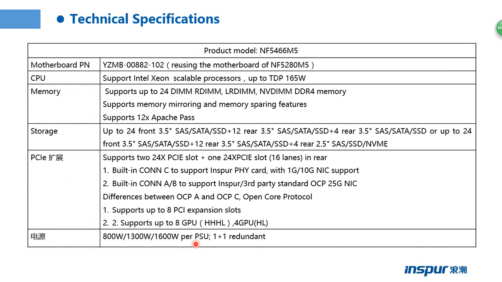This page shows the technical specifications: the motherboard part number, the CPU, the memory, the storage, the PCIe slot, and the power module. I'm sorry, this is in Chinese, but you can understand. After the training, I will change the words to English.